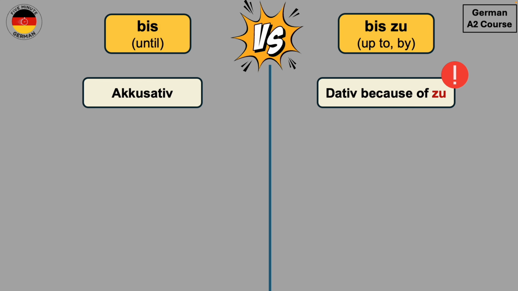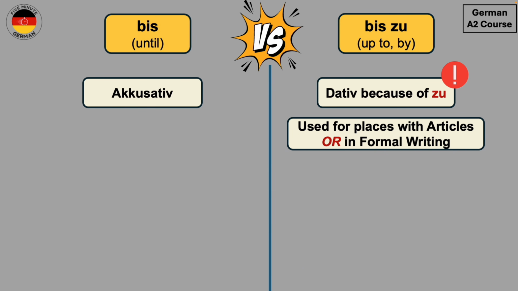And if you have seen the dative prepositions video, then you know that zu is a dative preposition. That's why anything that comes after bis zu will have the dative article and not the accusative article. And bis zu is used for places which have articles or in formal writing.